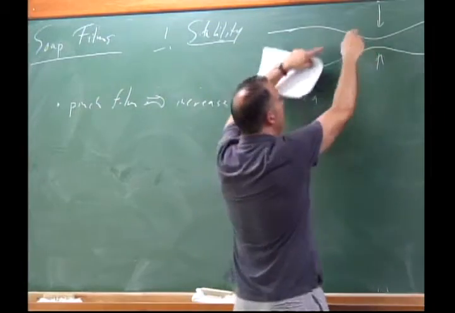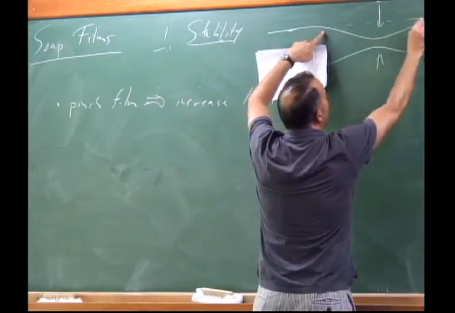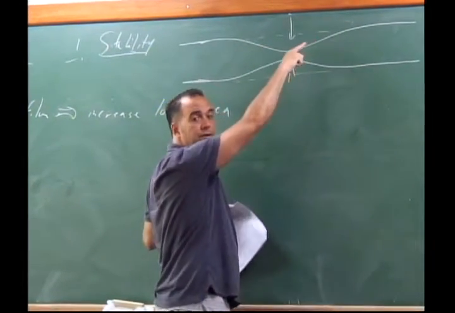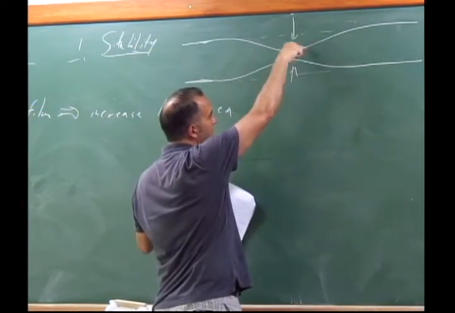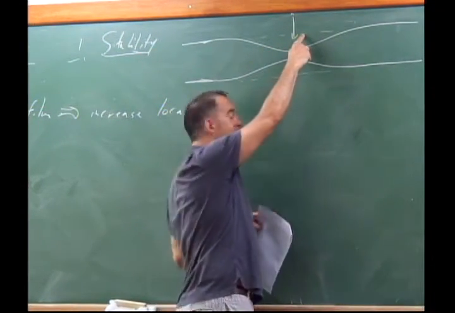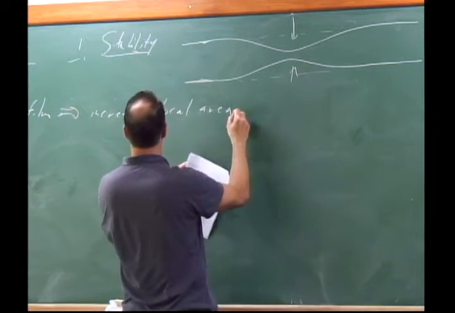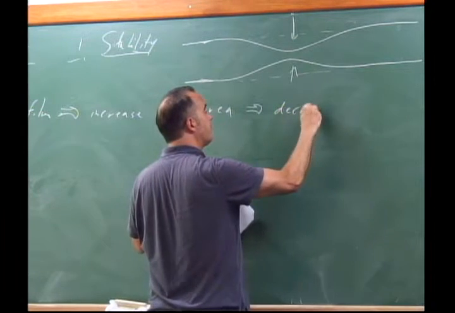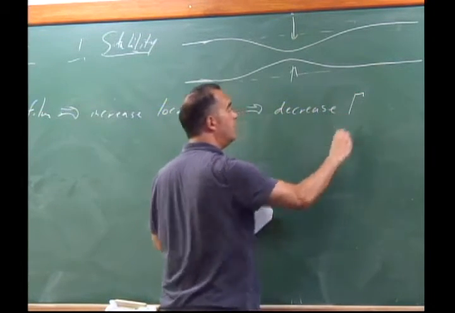Right, in this region here, we've replaced this interface with this interface, right? That interface has larger area than that. So that increases the local area, which means that you decrease the local surfactant concentration.